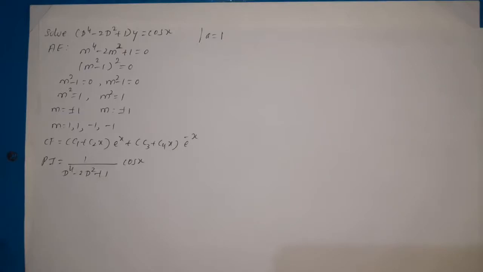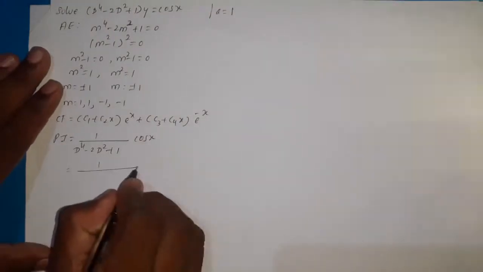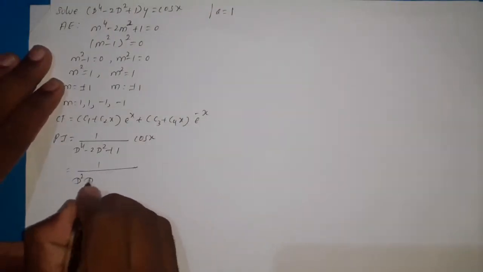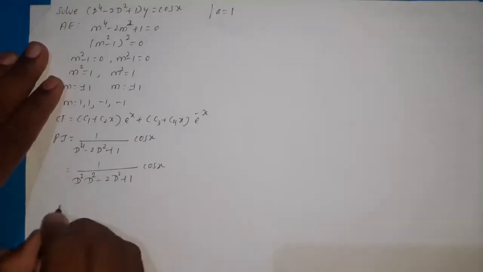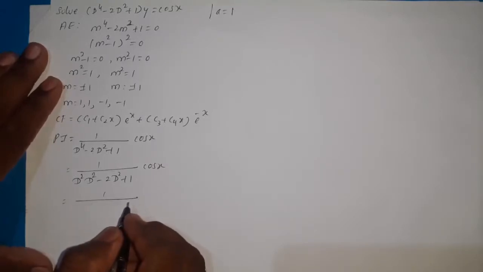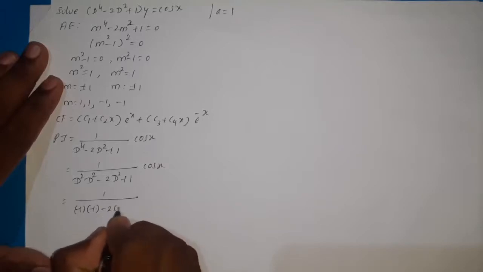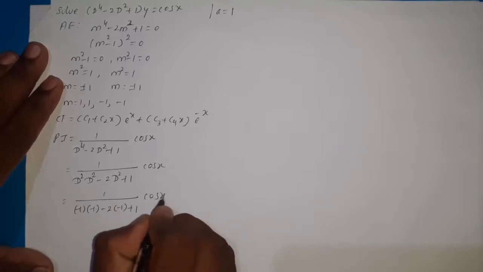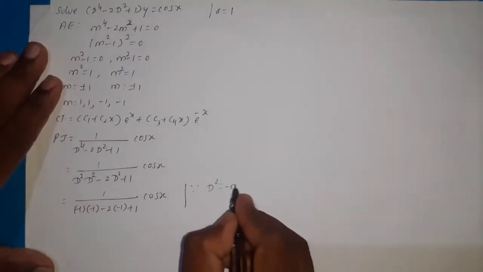And the particular integral is equal to 1 divided by (D^4 - 2D^2 + 1) cos x. So first split the higher powers of D as D^2 into D^2, minus 2D^2 plus 1, cos x. We know that D^2 equals -a^2, so a is 1.